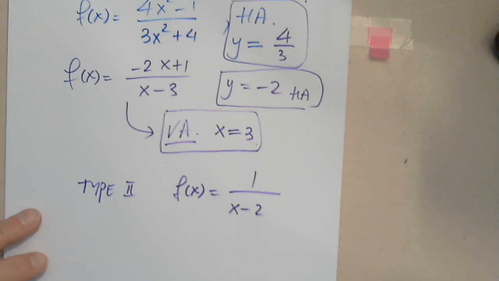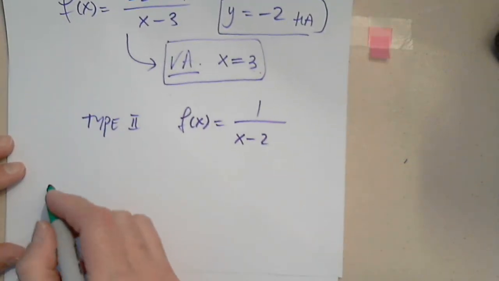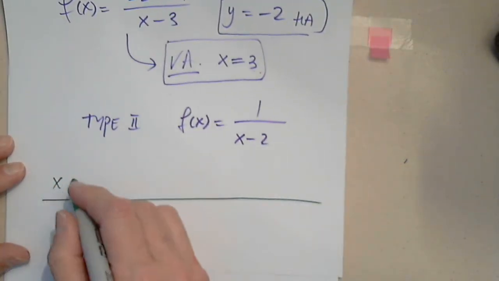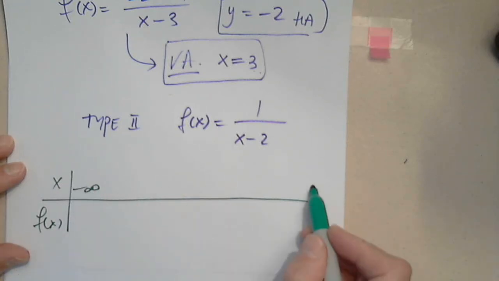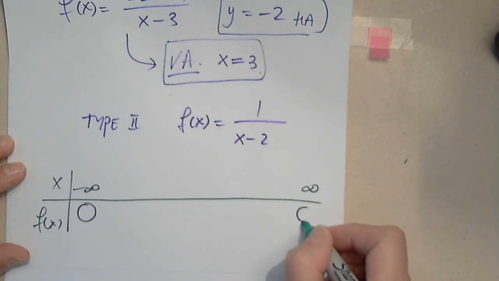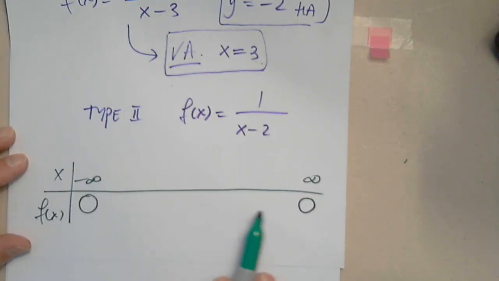Excellent. Great job. The degree of the denominator is higher. Everything is the same as before. And I'm going to write this down. This is the only difference forever. For type 2, the horizontal asymptote and the end behavior will be 0.